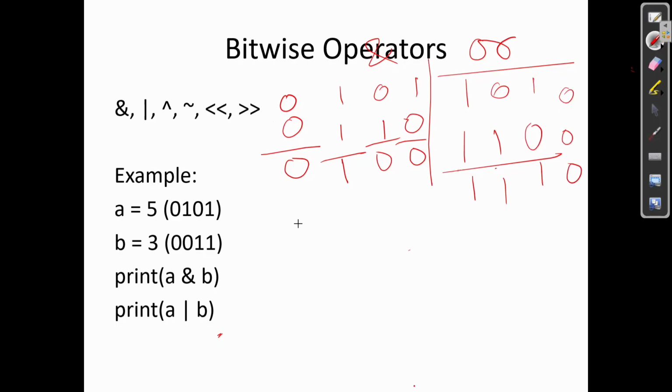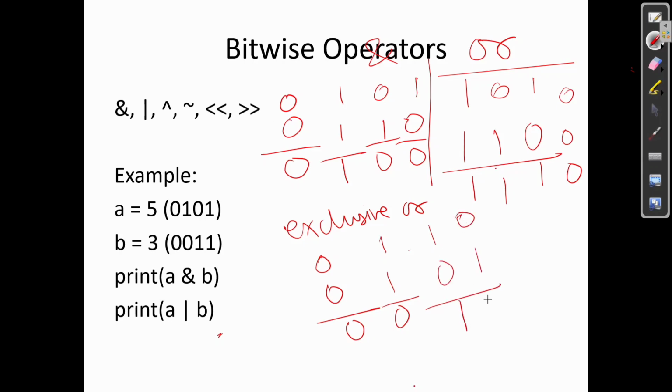And for XOR, which means exclusive OR, if both values are the same, then the result will be 0. If any one value is different, then the result will be 1. So like this, that was the bitwise operator.